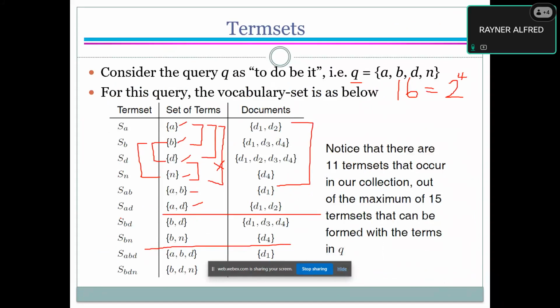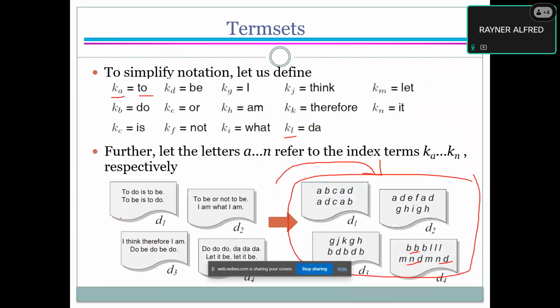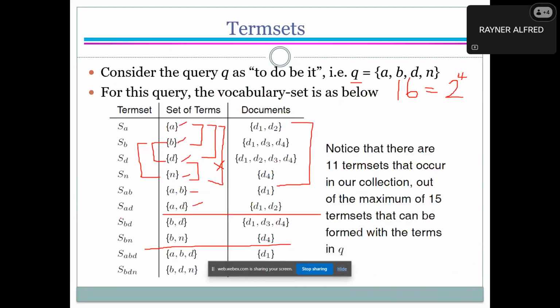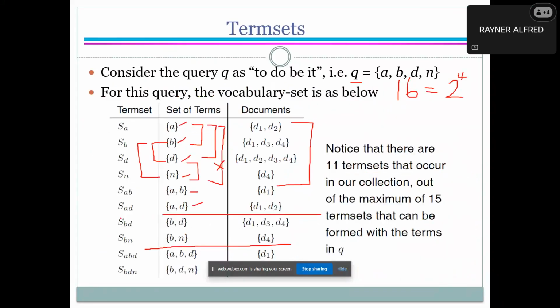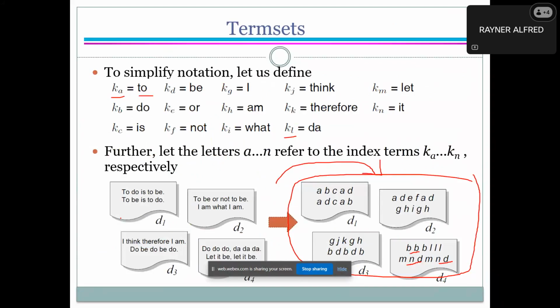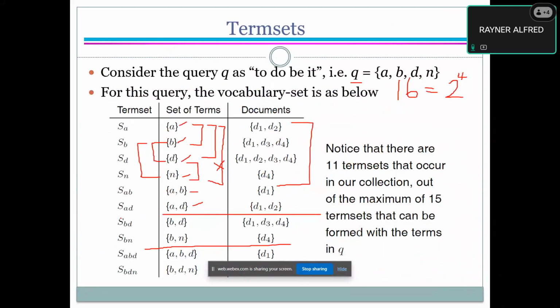A we have, B we have, D we have, and then N, and then AB, and then AD, and then BD.